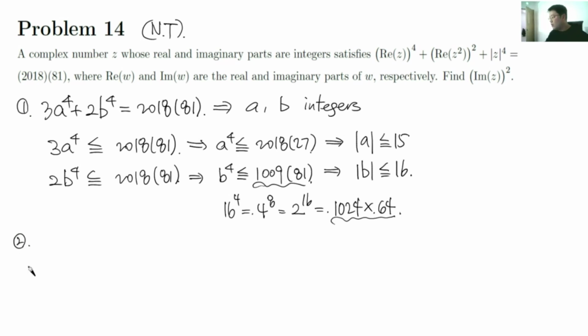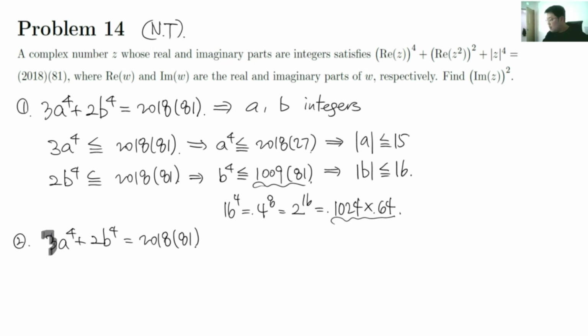Number 2. What's the next step? Well, don't you really want to figure out what a and b are gonna be? If you want to figure out 3a to the power of 4 plus 2b to the power of 4 equals 2018 times 81, would you try out with 3s first? Let's try out mod 3.